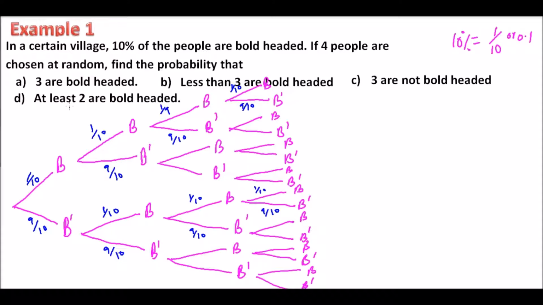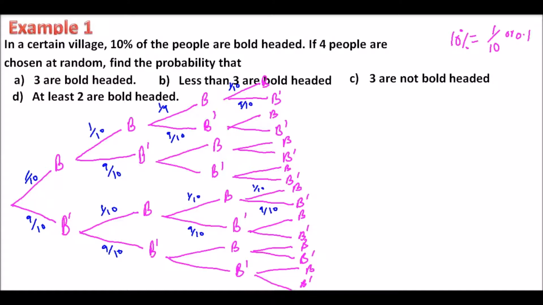Now what remains is to calculate the probabilities that we have been asked out of these outcomes. So before we do the calculation, maybe we should write our outcomes. The first branch we have is B, everybody is bold-headed.